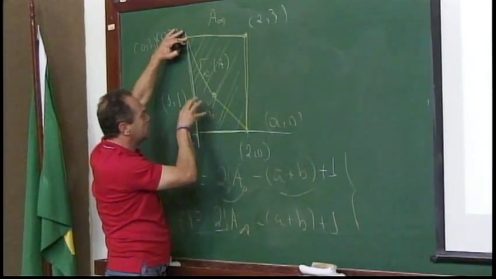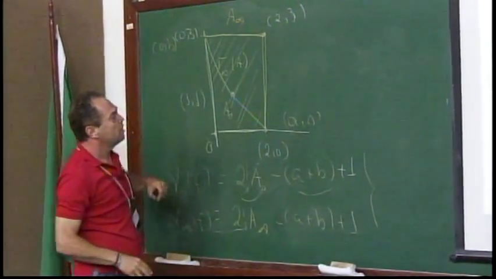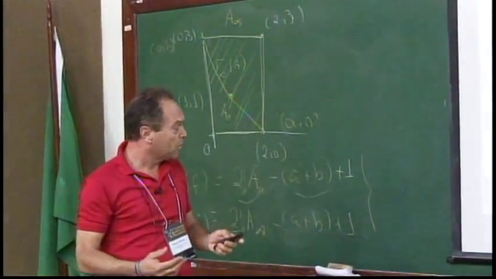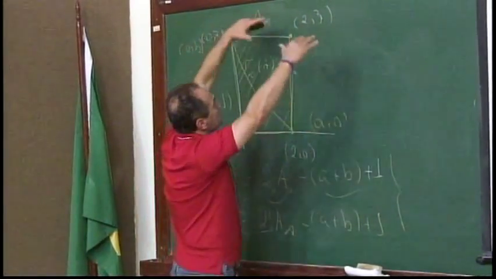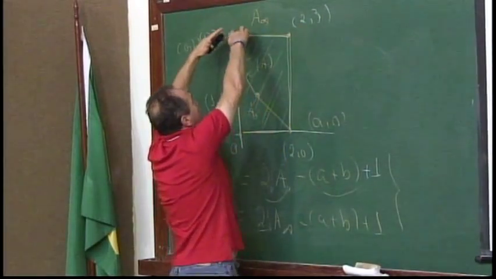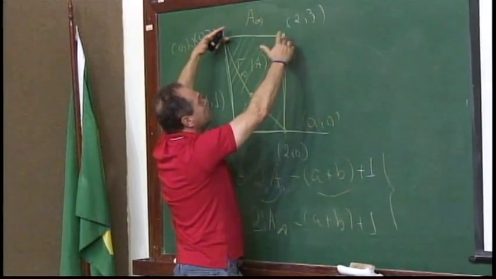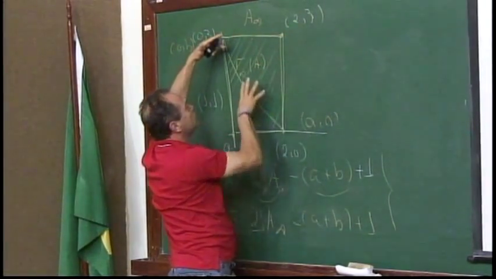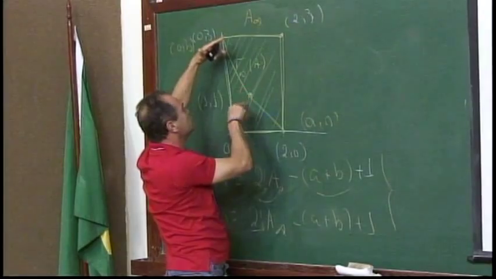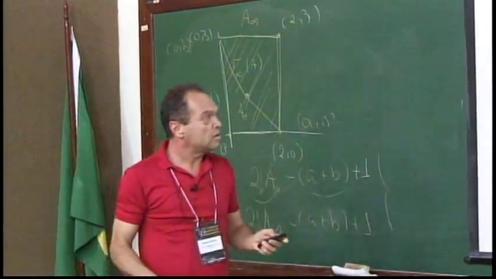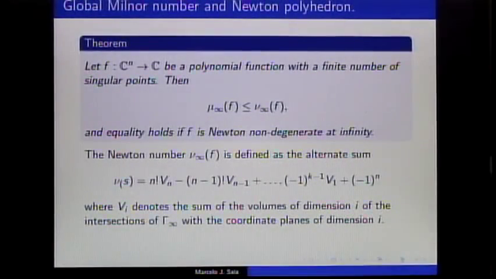The Milnor number is given only by this. If you are in the other situation, you need to control what's going up. So you take all the monomials which give you the bigger Newton polyhedron, and if this is Newton non-degenerate, it doesn't matter what you include here, the global Milnor number doesn't change, in the non-degenerate case. This is a general result for polynomials with a finite number of singular points.